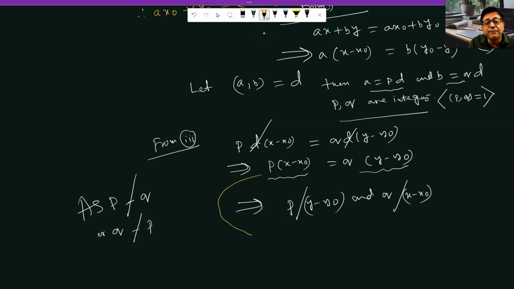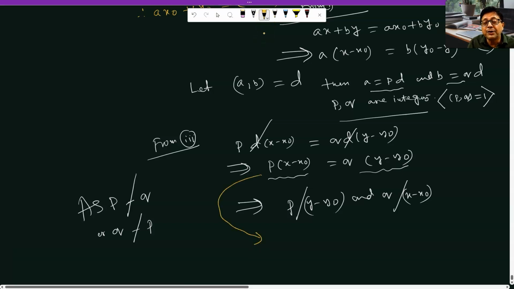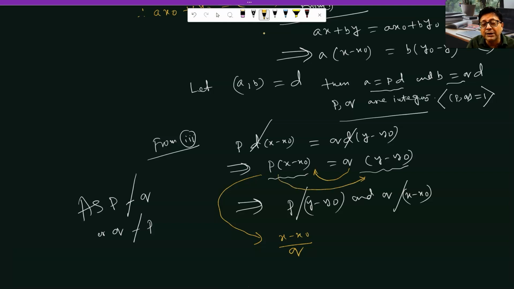I want integer form. So I'll write (x − x0)/q, taking that q on the left side and this p on the right side, equal to (y − y0)/p. They are both integers. We have claimed that p doesn't divide q and q doesn't divide p, so q must divide x − x0.